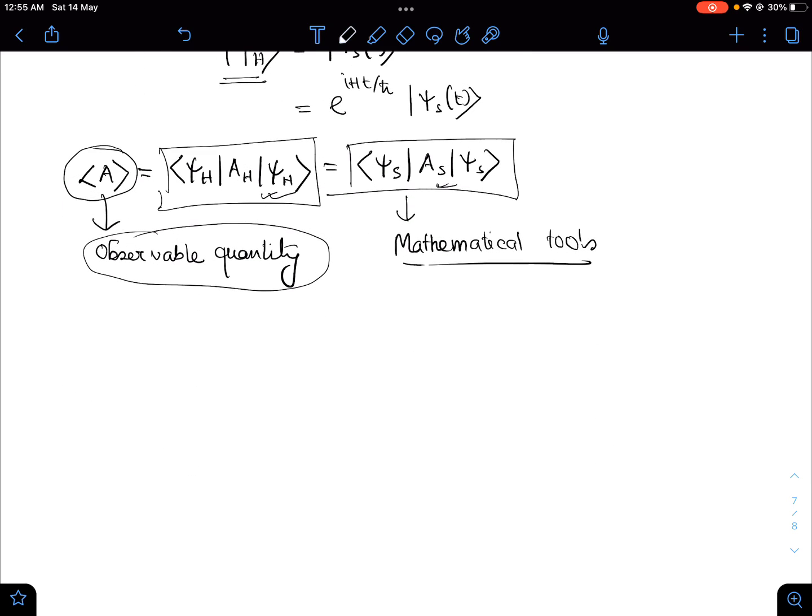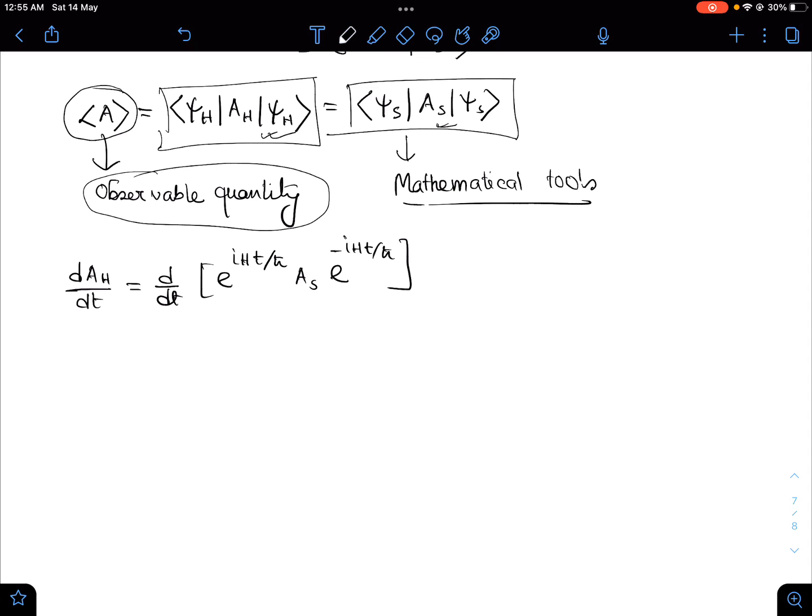Now we know that in the Heisenberg picture the operator evolves with time. So how will it change with time? We can calculate this from here. A H is e to the power i H t by h cut, A S, and e to the power minus i H t by h cut.